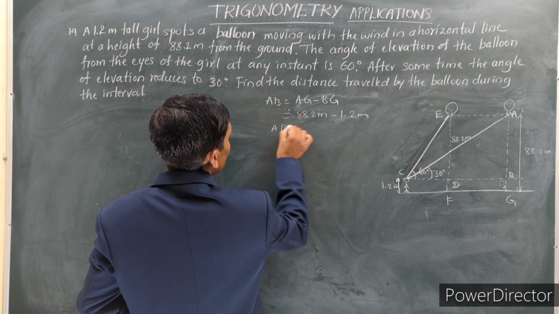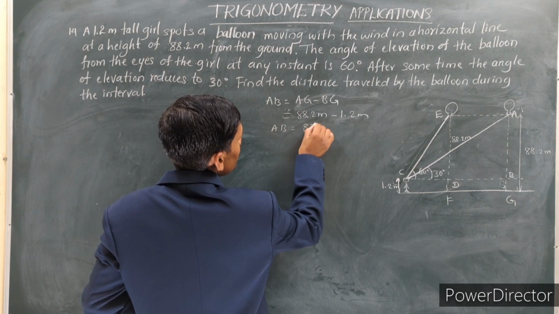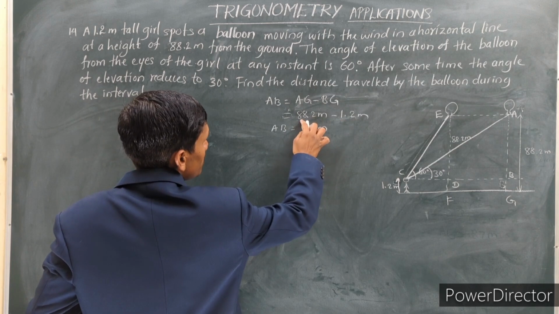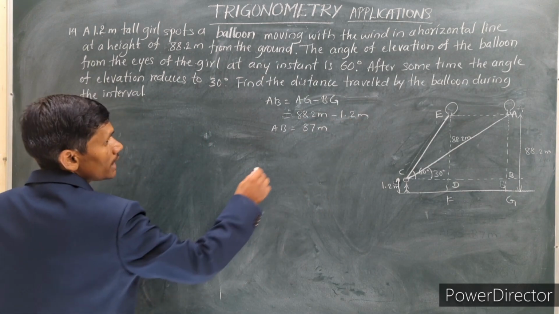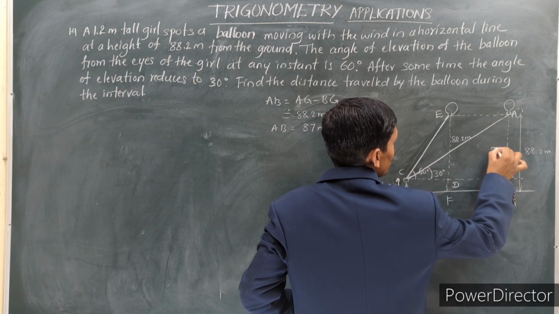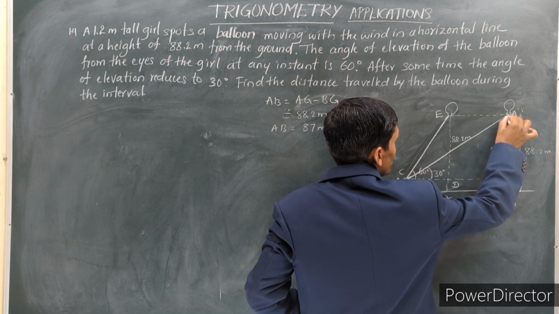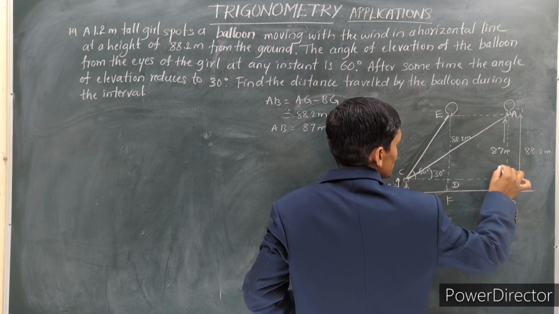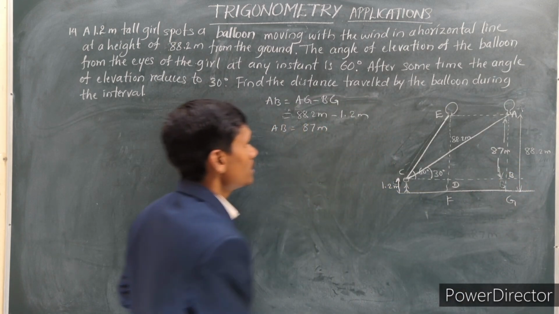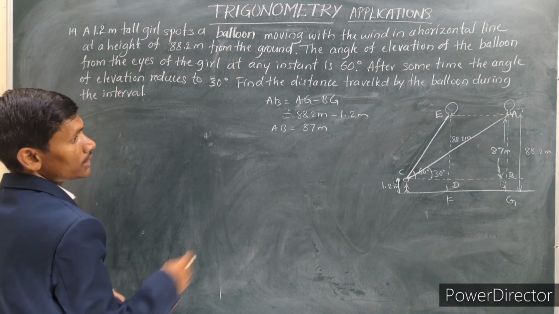Then AB you get as 87 meter, because 88.2 minus 1.2 is 87. AB you got now. So this distance is 87 meter, from here till here. Once you have that, you go for the next step.